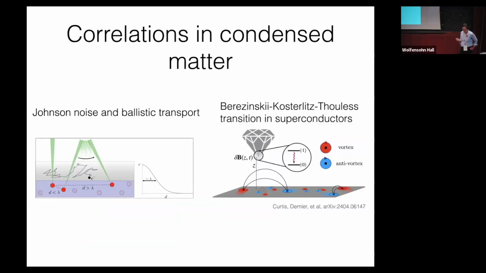And to motivate measuring these correlation functions a little bit more concretely, for example, imagine that these red dots here are my NV centers, and I have a whole bunch of them, and I can pick which ones I'm looking at.